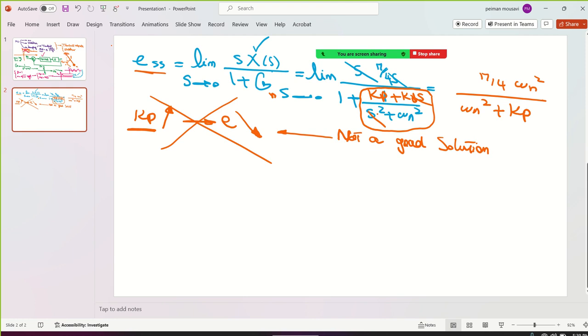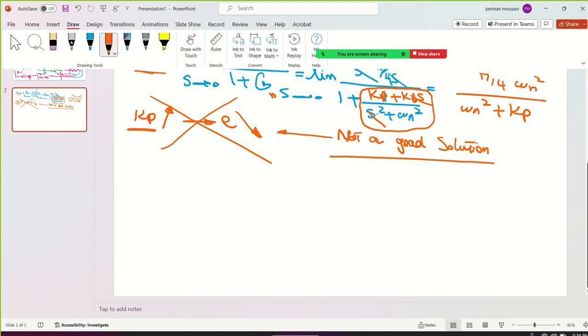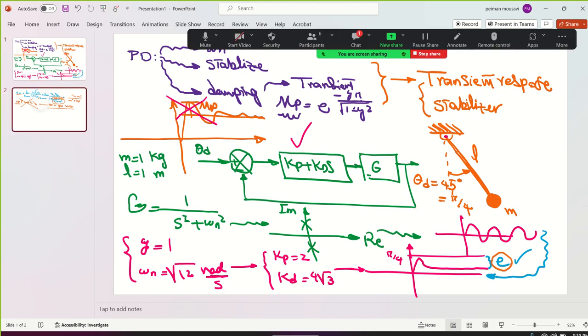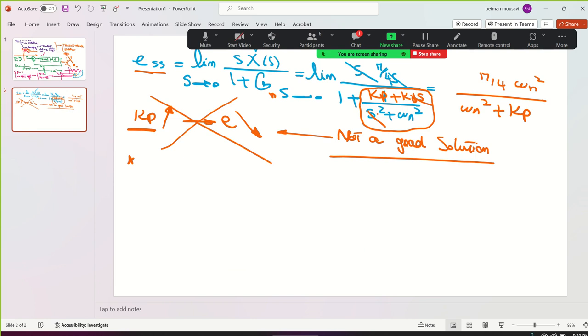So now I'm going to teach you what is going to remove this undesirable steady state error signal e: the I controller. You know that the I controller, U over E, that I told you, is Ki over s.